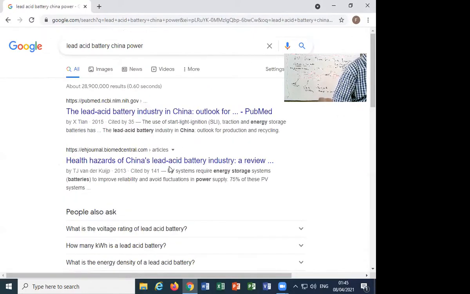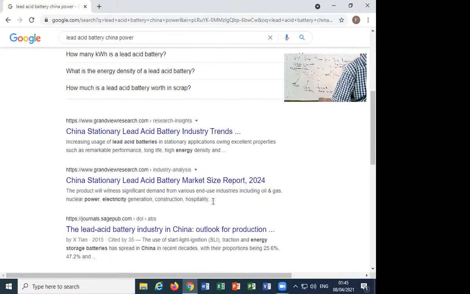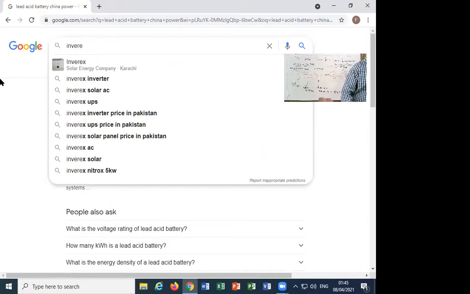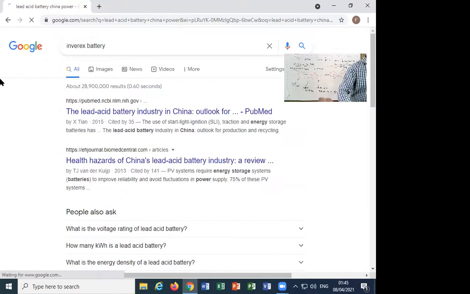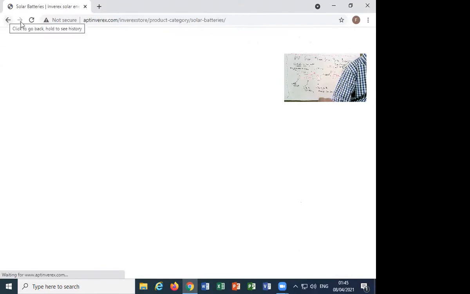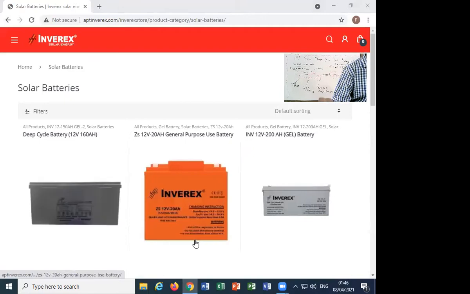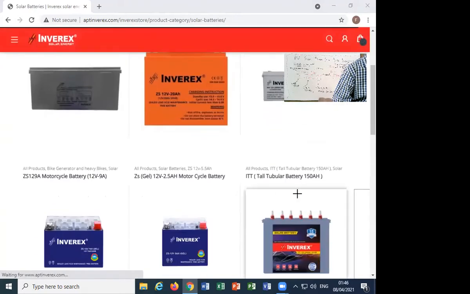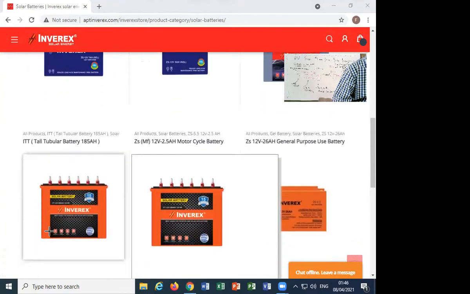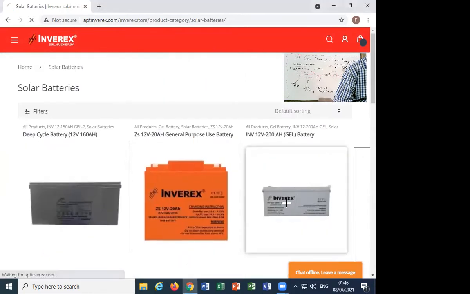Let's look for some Chinese batteries. So here we have obtained a tall tubular battery, or I think here is the best battery I recommend.